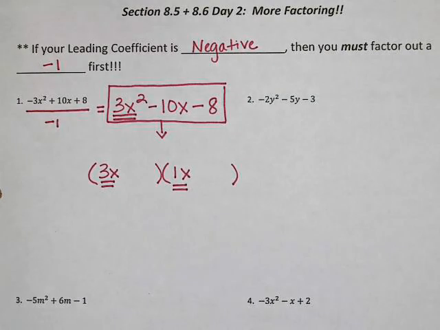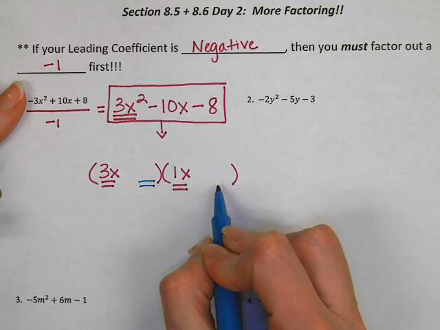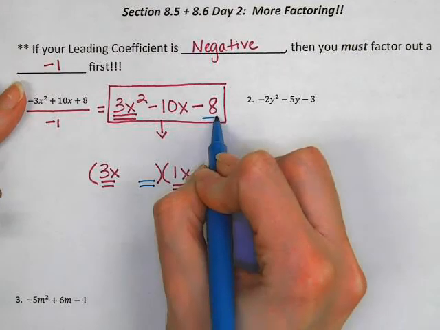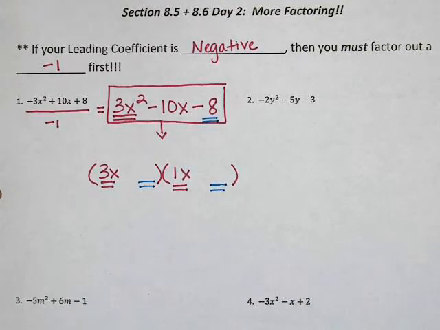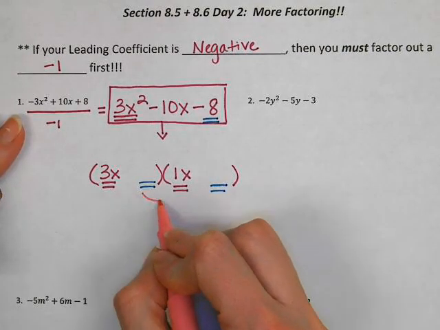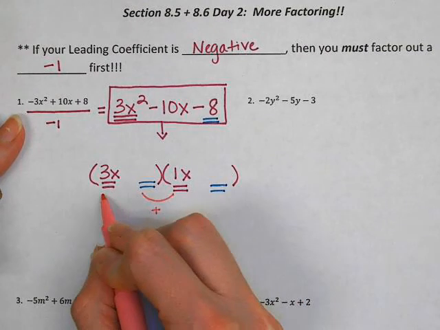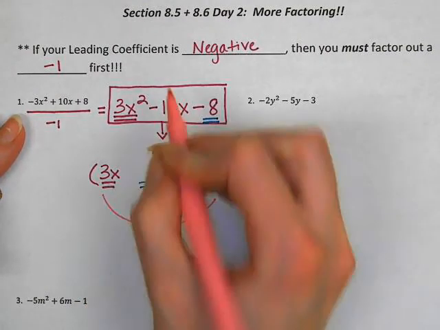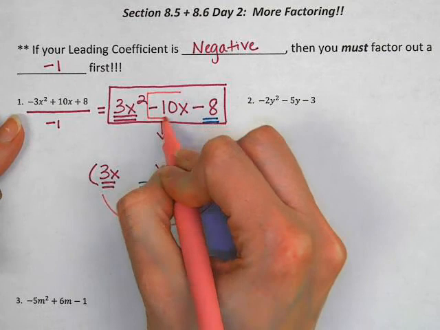Okay, now the hard part. Now we need two numbers that multiply to -8, but at the same time the order matters, and the inners plus the outers have to add to -10.